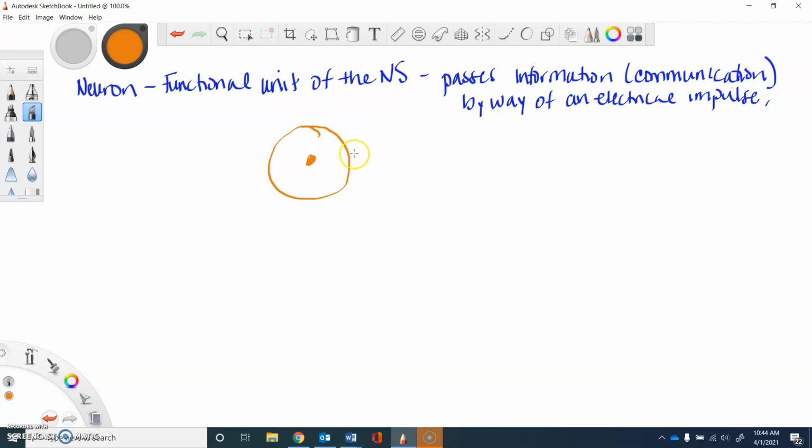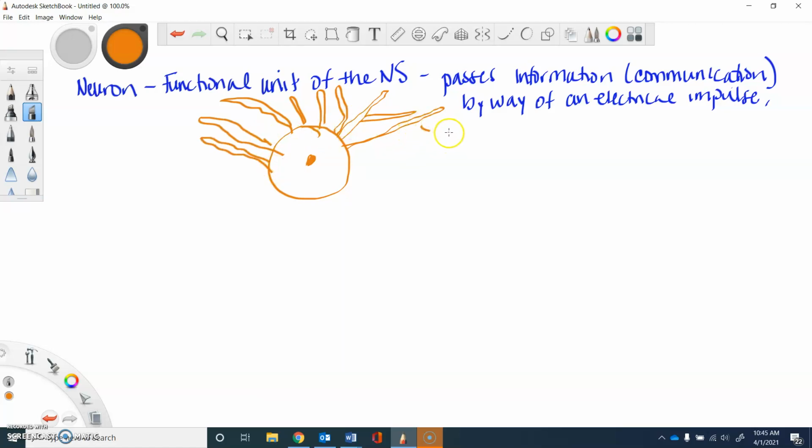There were ones that came off of the cell body that looked kind of like this. And they look like dead tree branches. This isn't the greatest picture in the whole wide world, but it'll have to do.